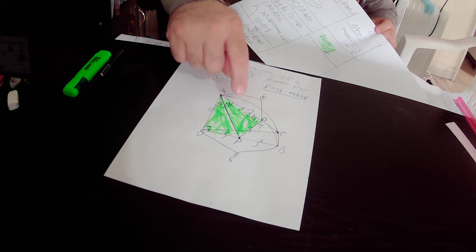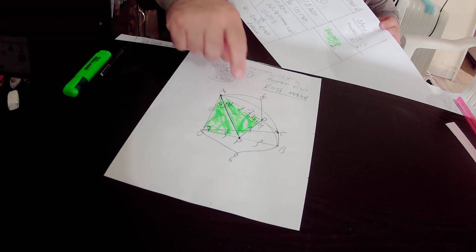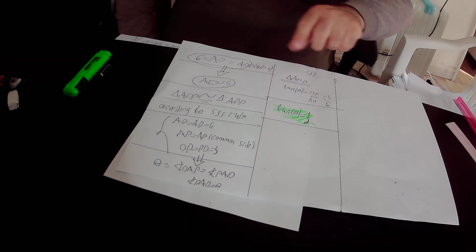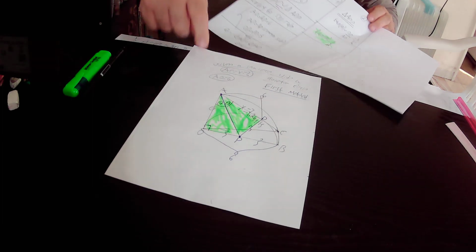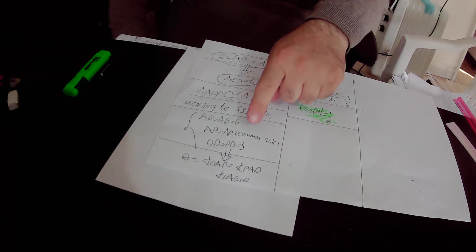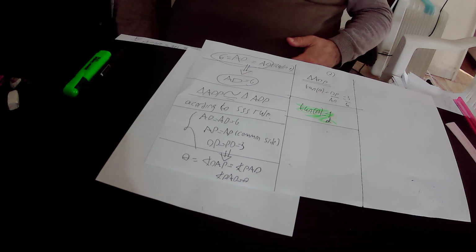AP is the common side that belongs to both triangles, so AP equals itself. And here we also have OP equals PD equals 3 units. This is the radius of the semicircle.